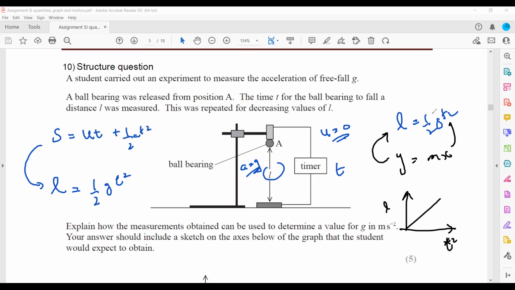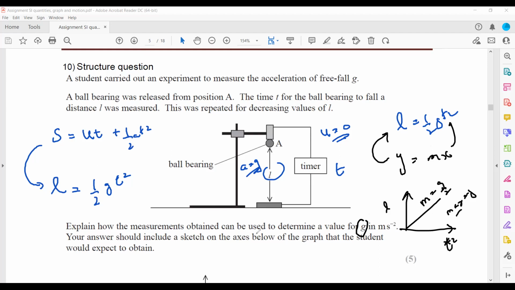It will be a straight line because gravity and 2 are constant. So the gradient of this graph will be g by 2, or gradient multiplied by 2 will give us the value of gravity.